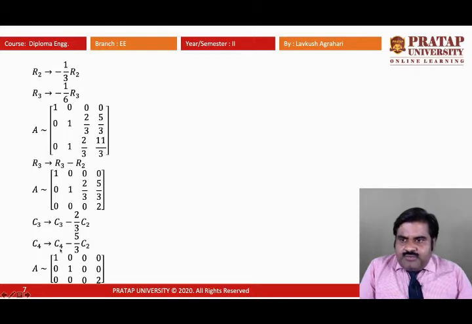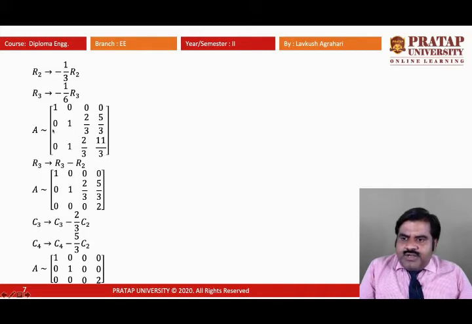Next step, we have to change the element A22 to 1. For this we divide the elements of the second row by minus 3 and the elements of the third row by minus 6.